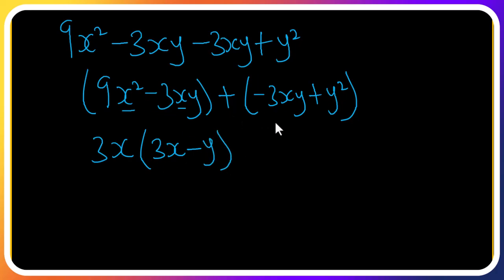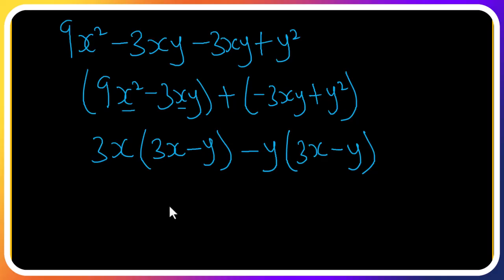Now to the second bracket, we have minus y multiplying 3x minus y. So we have 3x minus y, 3x minus y compounding.